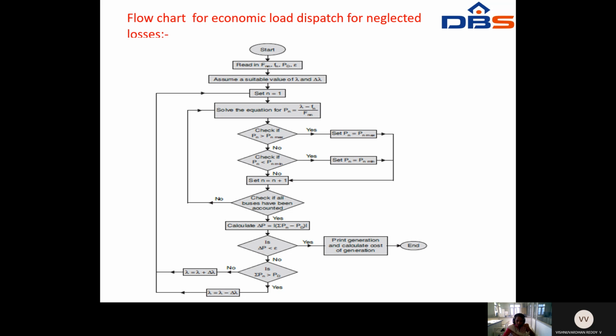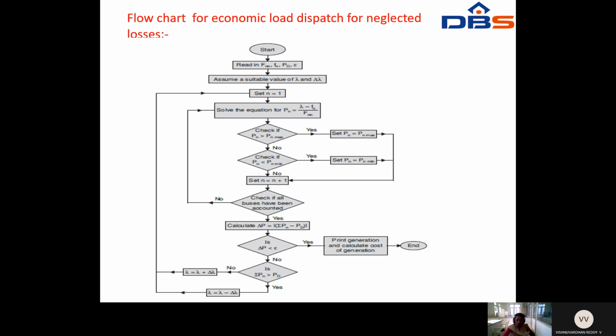If delta P is less than E, and this condition is not satisfied, we check another condition, whether the sum of Pn is greater than Pd. When this condition is satisfied, calculate lambda equal to lambda minus delta lambda and go to the third step, set n equal to 1 and repeat all these steps.